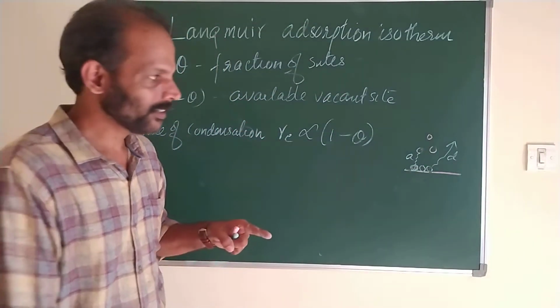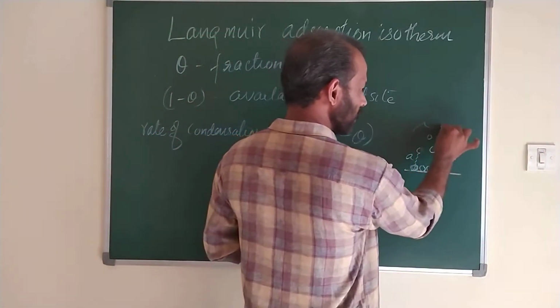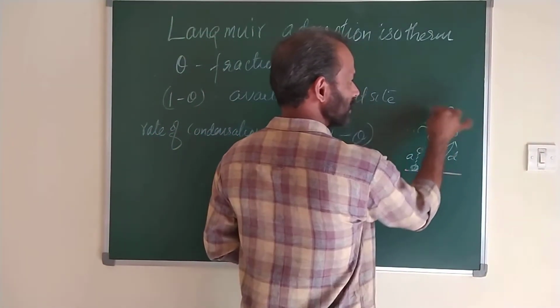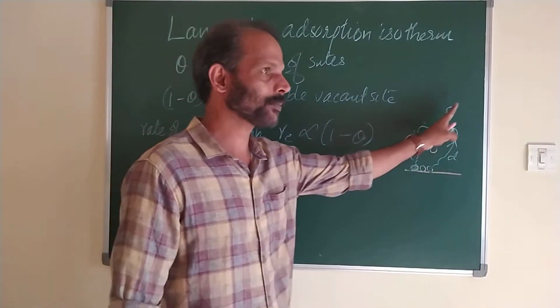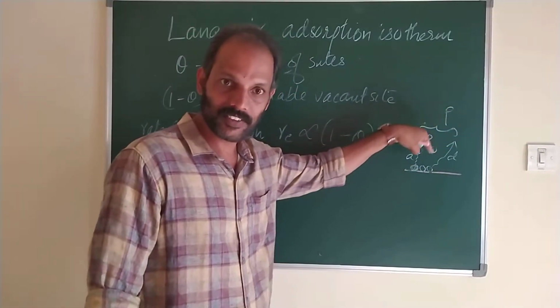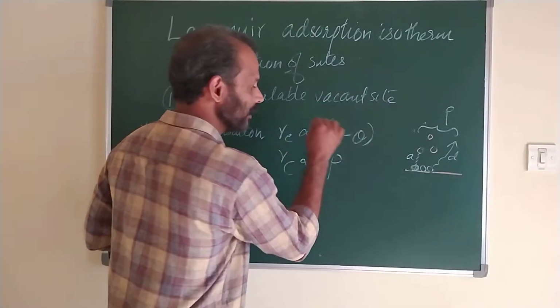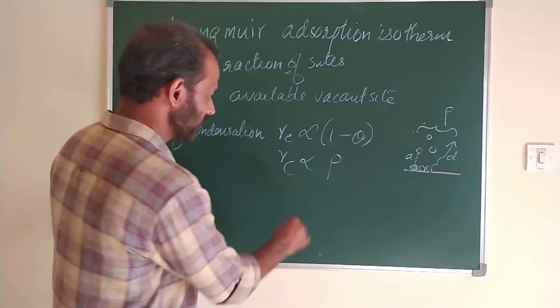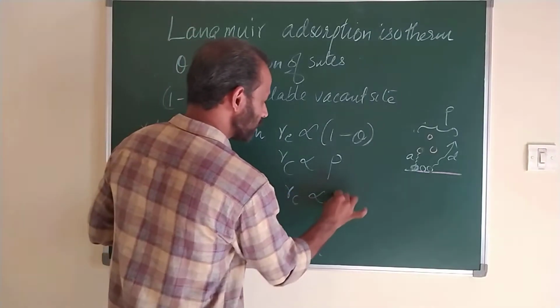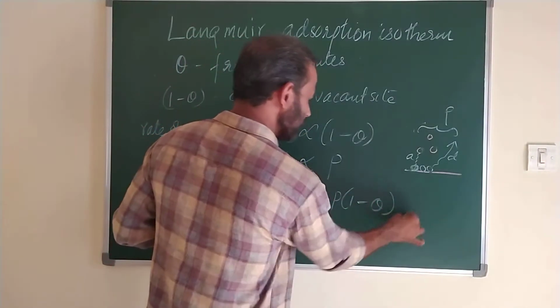Not only that, adsorption also depends upon pressure. That is, condensation also depends upon pressure. As the pressure increases, the rate of adsorption also increases. So we can say RC is proportional to P. Together, we can write RC is proportional to P into 1 minus theta.